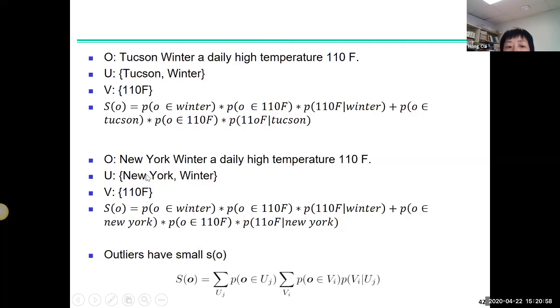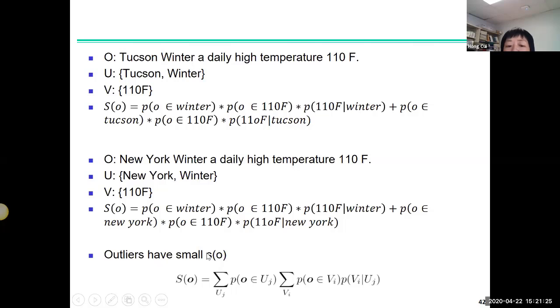Compare this to, let's say, New York winter having a daily temperature of 110. You can see that this probability is going to be greater than this probability. So therefore, this New York observation is going to have a much smaller outlier score, and this makes it an outlier.